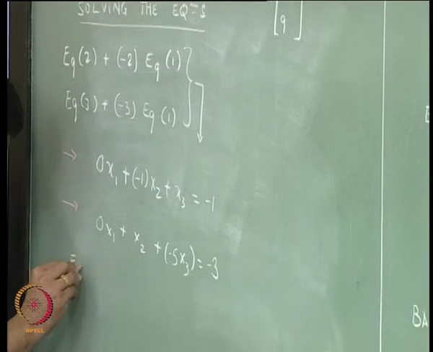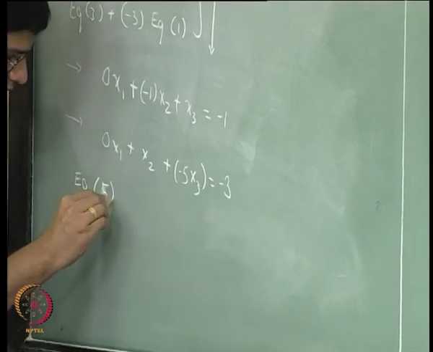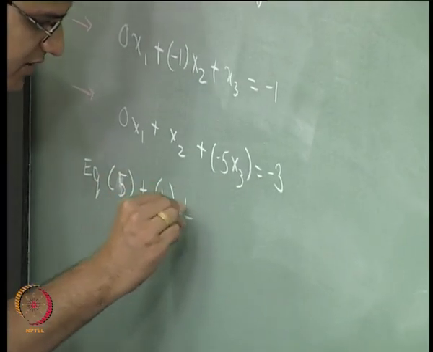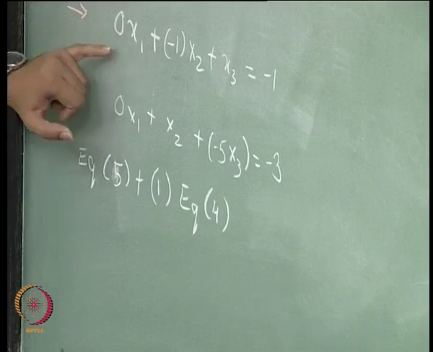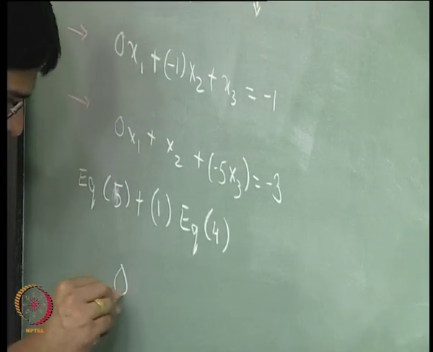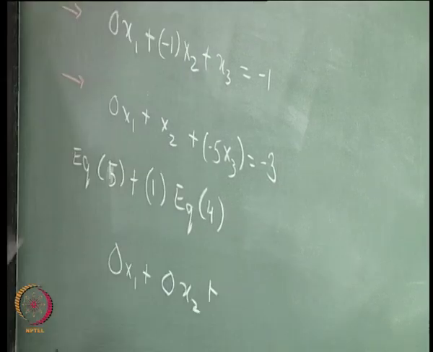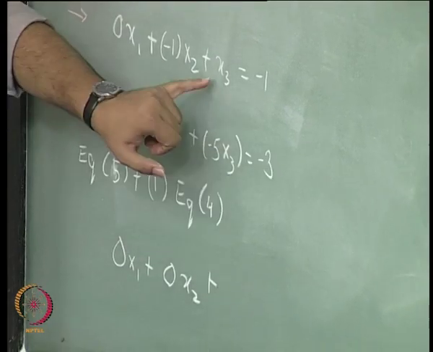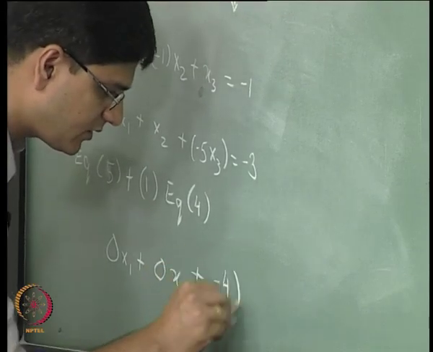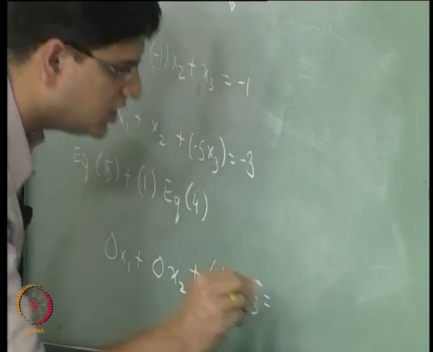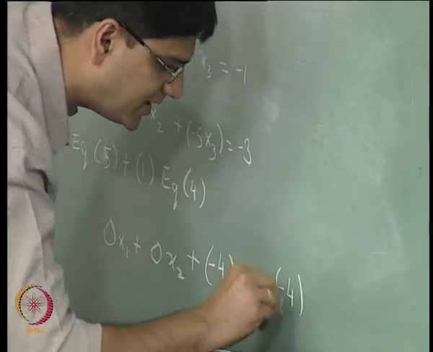So we will do this as equation 5 plus 1 multiplied by equation 4, and when we actually do that we will get 0 x1 plus 0 x2 plus minus 5 plus 1, that is minus 4 x3, equal to minus 3 minus 1, that is going to be equal to minus 4.